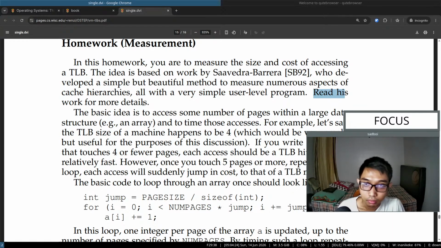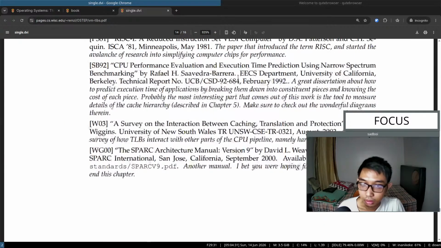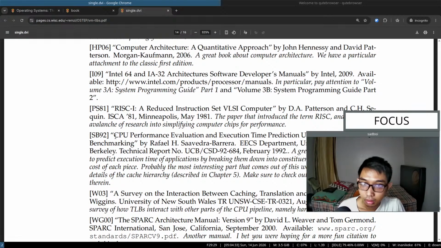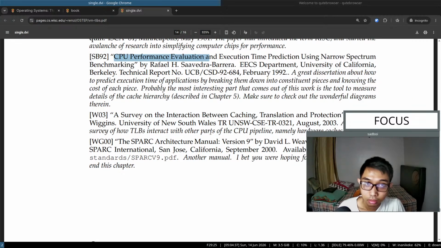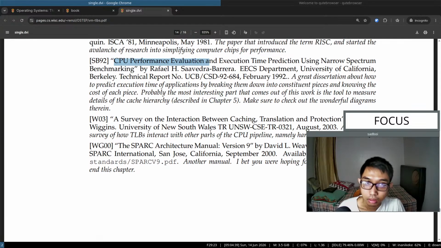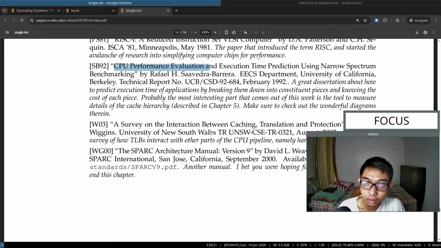Read his work for more detail. SB92, where is it? I think this one. Okay. Interesting.